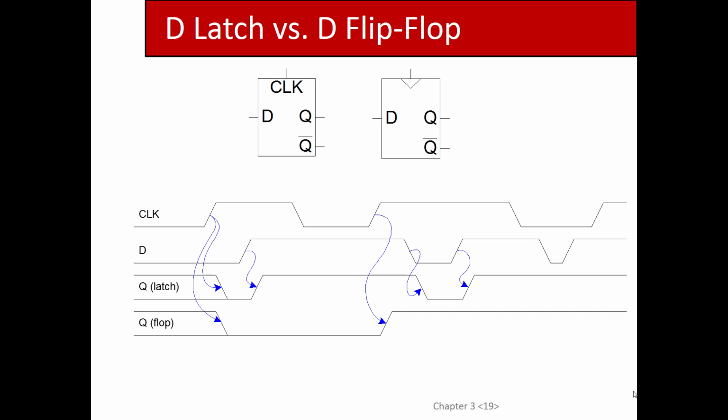Like if I were to ask you to reconstruct this diagram on a test, all you would care about for the latch was when the clock is high, because whenever the clock is low, the latch doesn't change. It's just whatever it previously was, right? Does it make sense? So in other words, the latch is only allowed to change when the clock is high. The flip-flop is only allowed to change on the rising edge of the clock, that instantaneous period when you're transitioning the clock from low to high.